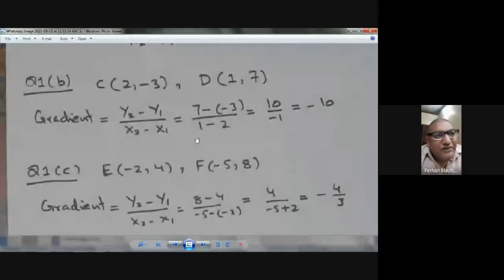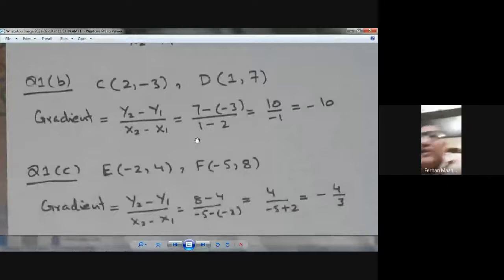So the question number one, B part, point C is given, its coordinates are minus 2, comma minus 3. D is 1, comma 7. They want you to find out the gradient of the line joining C and D. Formula is y2 minus y1 divided by x2 minus x1. The y2 value is 7 minus the y1 value is minus 3.